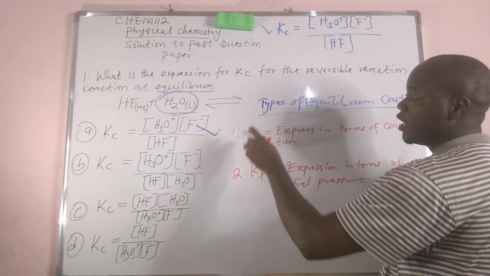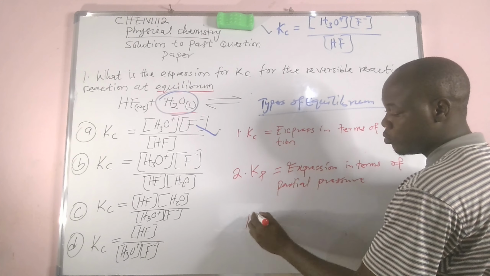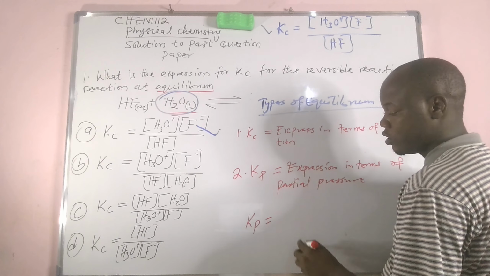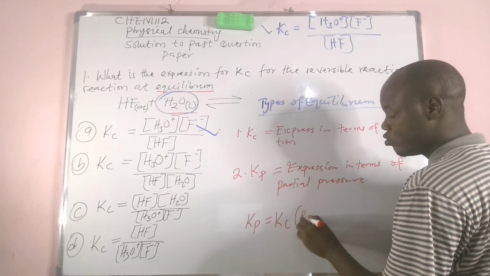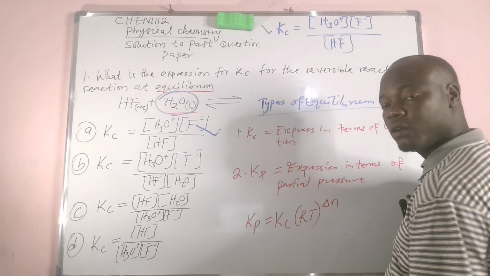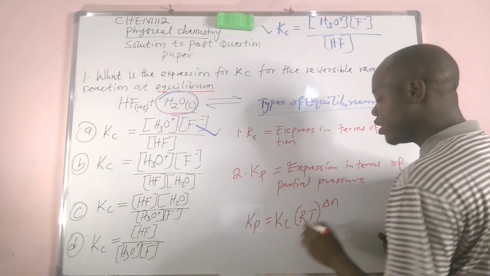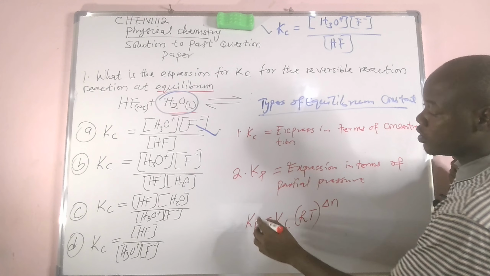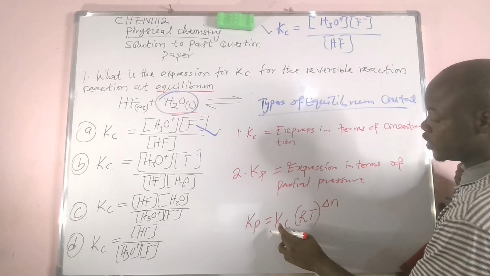And there is a formula that shows the relationship between Kp and Kc. This formula is Kp equals Kc times (RT) to the power delta n. Remember, Kp is the partial pressure constant and Kc is the equilibrium constant.